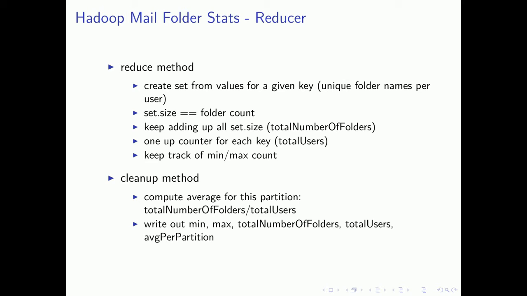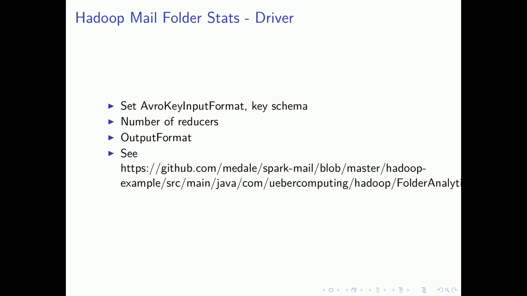And then in the cleanup method of the reducer, so when the reducer has seen all the processing it has to do, at that point I can just write these things out, and my average is just the total number of folders divided by the total users. And I just write that out as a text string. Nothing fancy there. Then on the driver, I just need to set the Avro key input format, set the key schema to my mail record schema, set the number of reducers, in this case 1, which is the default, so I didn't really need to do it, and an output format to write this back out.